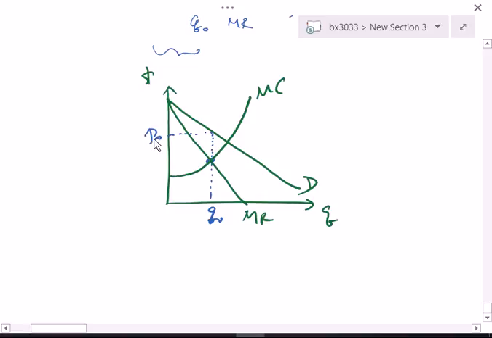Now here comes one question. Is this output socially optimal? Okay. So to answer this question, suppose the firm is producing QO. Now let's say on top of QO units, should the firm produce one more unit from society's point of view?